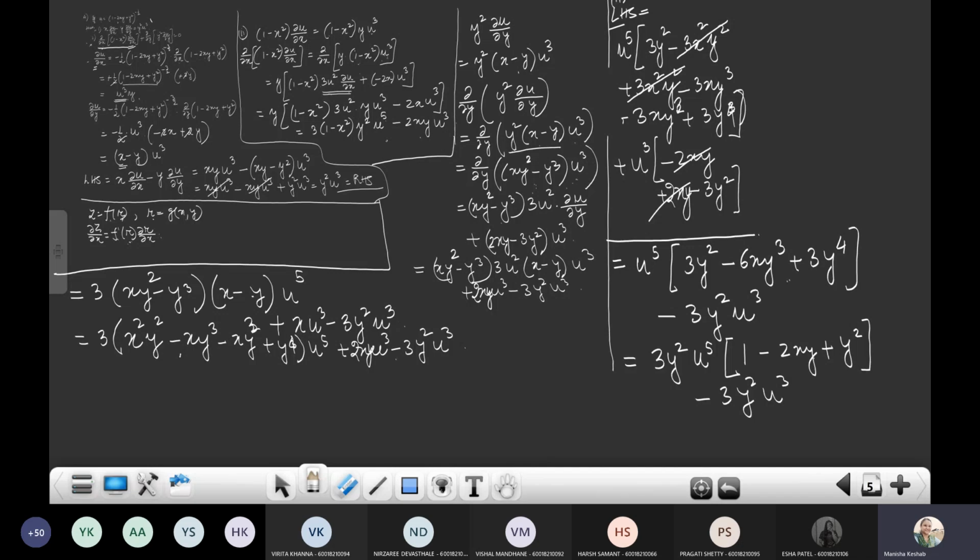That is what? 1 by u square, right? So, or u power minus 2. That is 3y square u power 5 into u power minus 2 minus 3y square u cube. So u power minus 2 and u power 5, that is 3y square u cube minus 3y square u cube. That is, this is what we want to show. It is equal to.